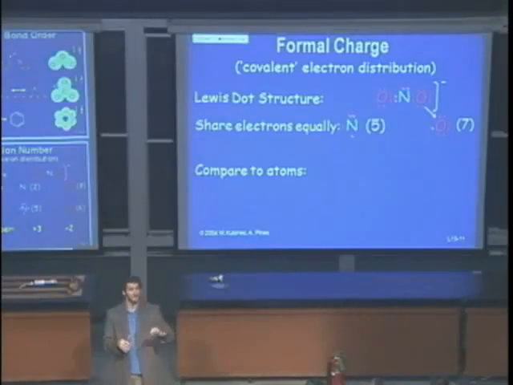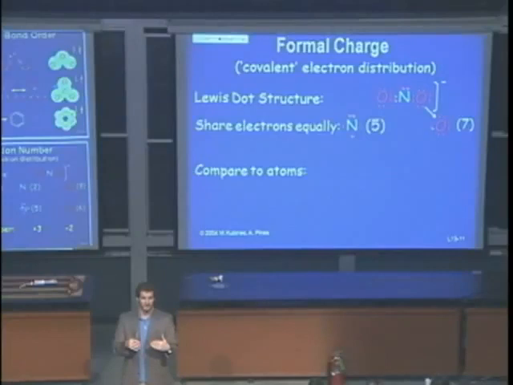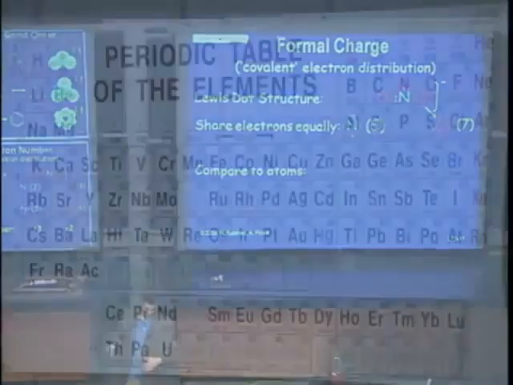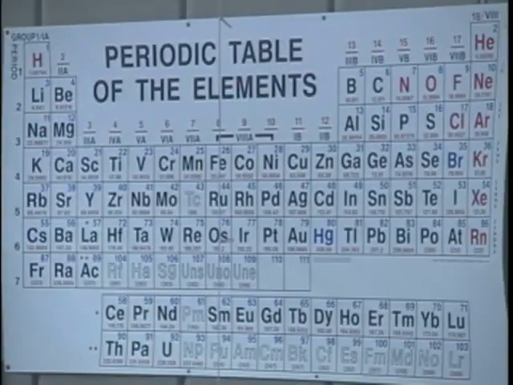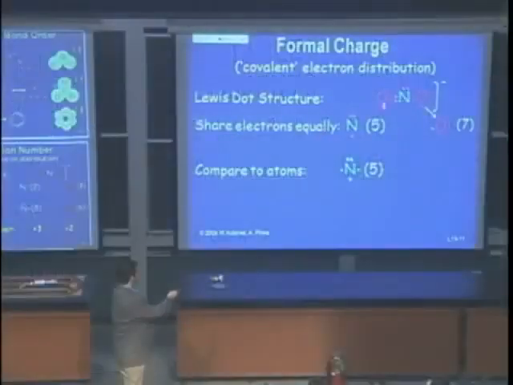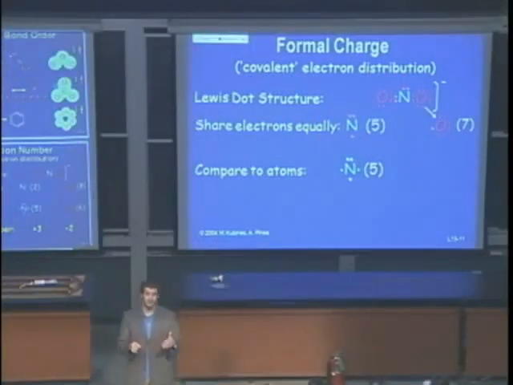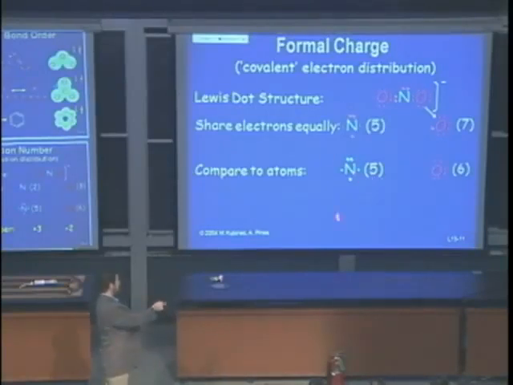Now the way we get to formal charge, how many valence electrons does neutral nitrogen have? 5. Nitrogen comes with 5 valence electrons normally. And I've got 5 assigned to it in NO2 minus, so my formal charge on this one should be 0.